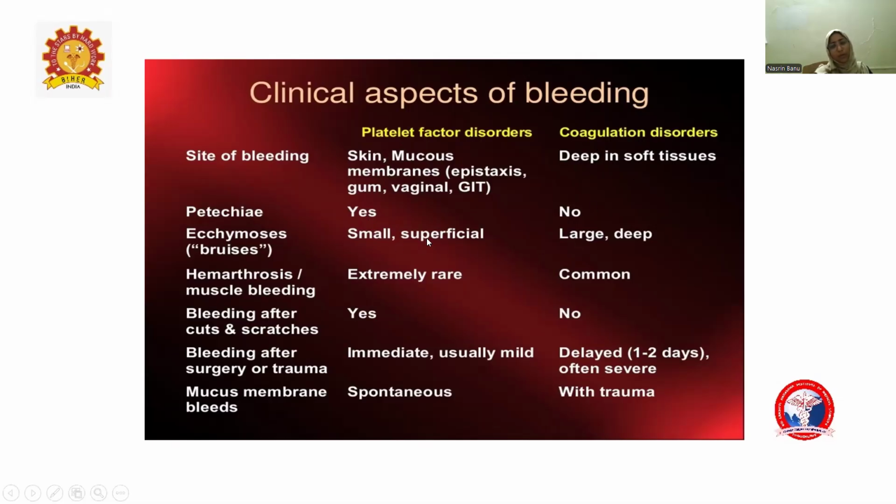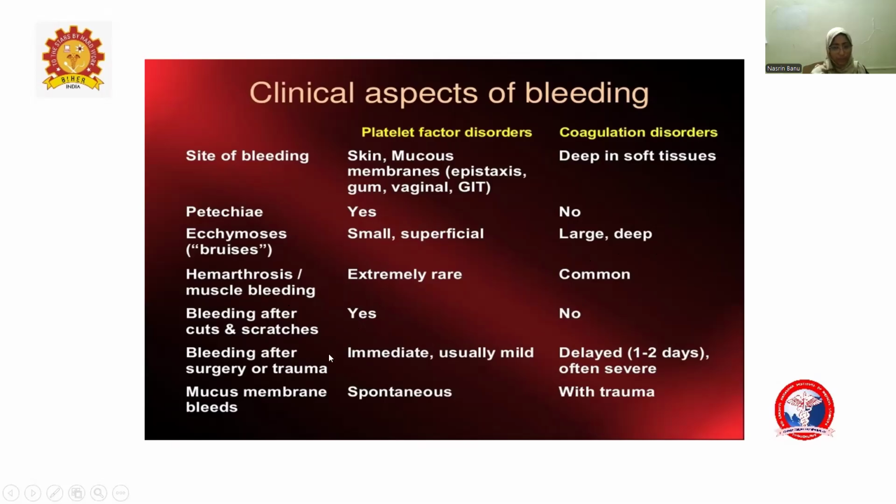Ecchymosis usually will be small and superficial in platelet factor disorders. In patients with coagulation disorders, there will be large and deep ecchymosis. Hematoma and muscle bleeding are common in coagulation disorders, whereas they are extremely rare in patients with platelet factor disorders. Bleeding after cuts and scratches will be seen in platelet factor disorders.